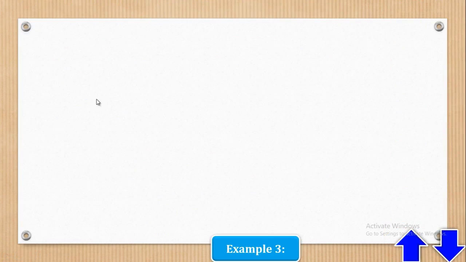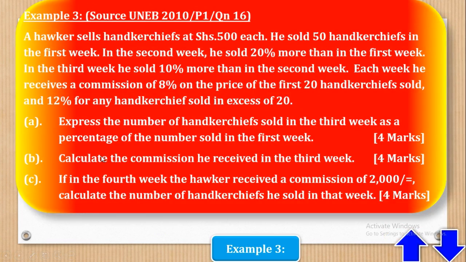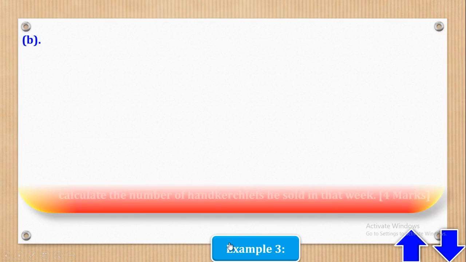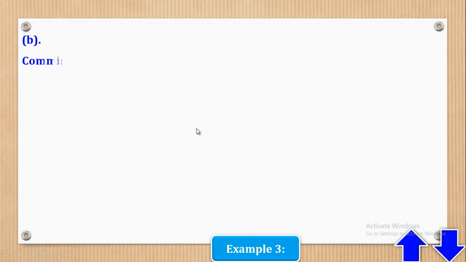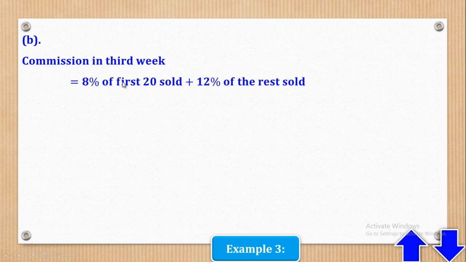So now we shall go to part B. Part B says calculate the commission he received in the third week. So commission in the third week will be 8% of the first 20 sold plus 12% of the rest sold.